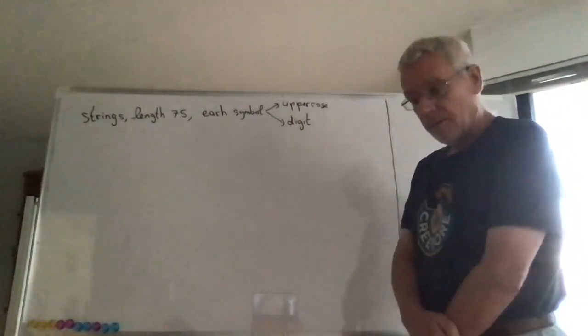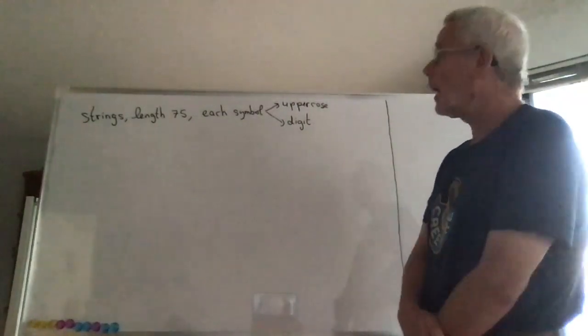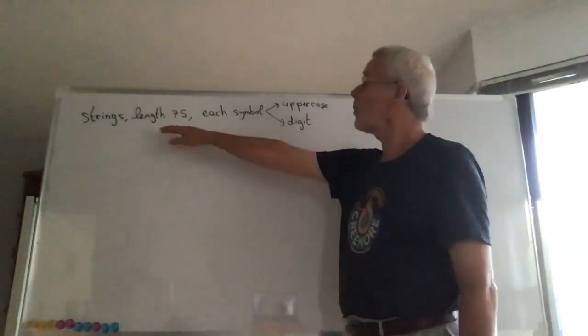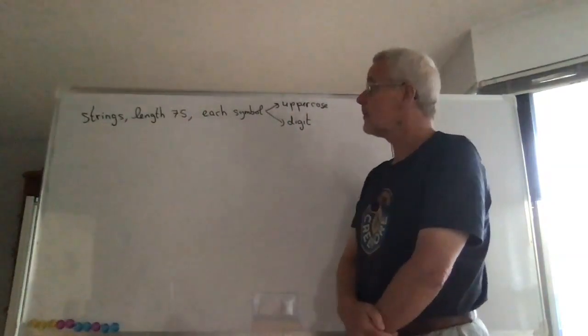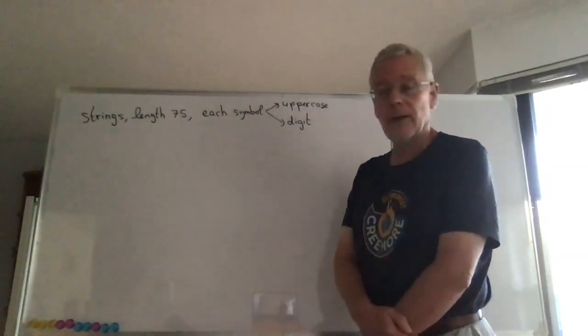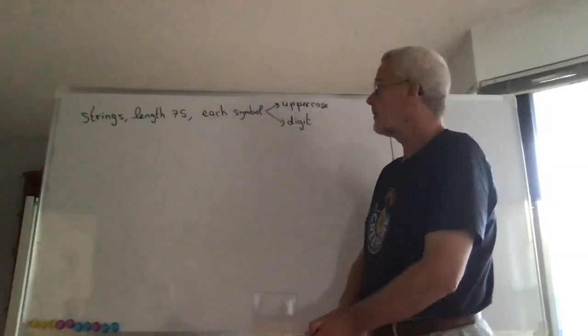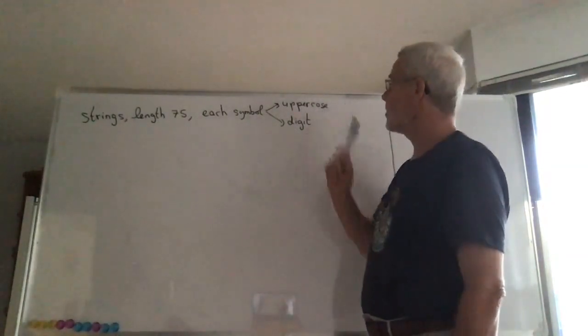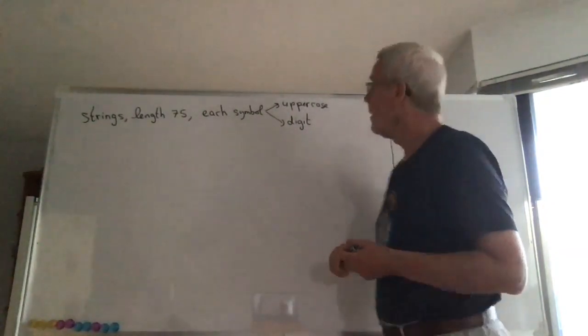Okay, so remember, according to the product rule, we ask how we can obtain strings of this type. Well, we write them from left to right. For the first symbol, we write either an uppercase letter or a digit.